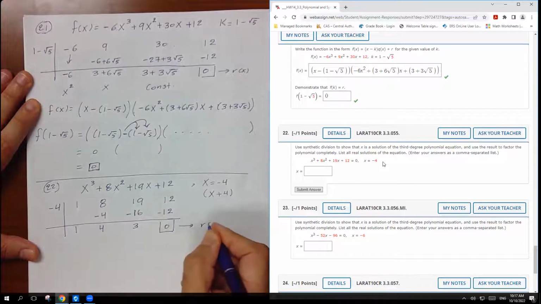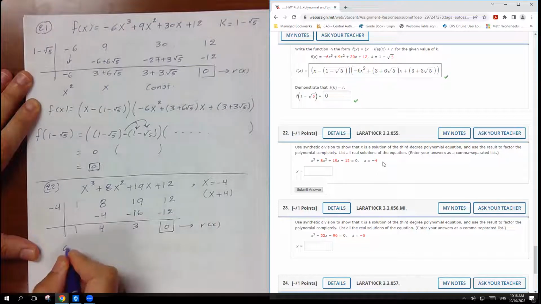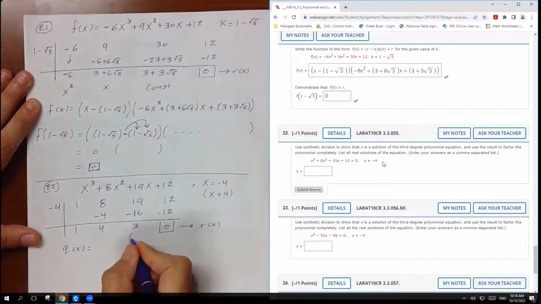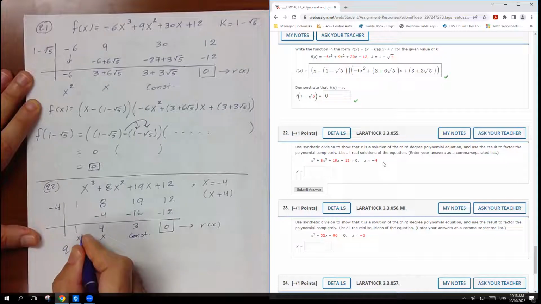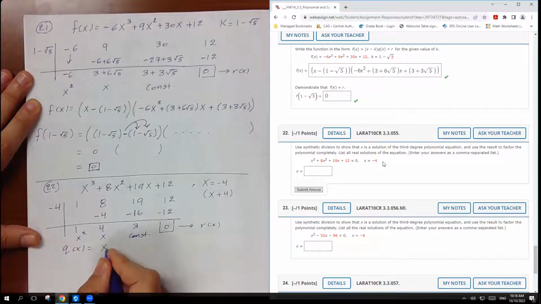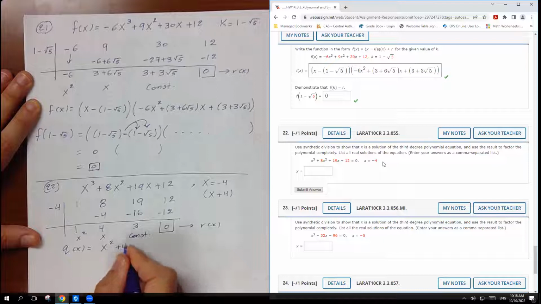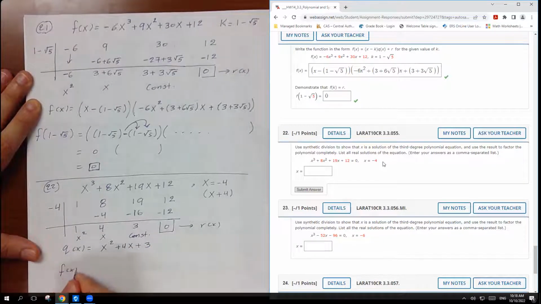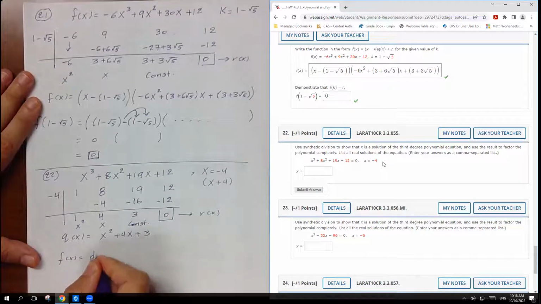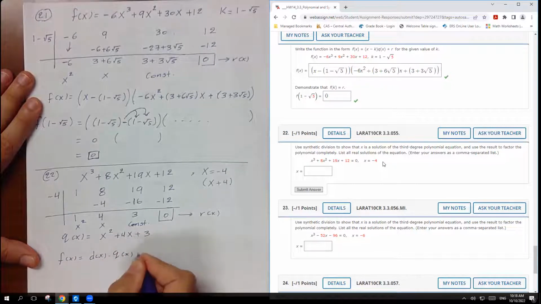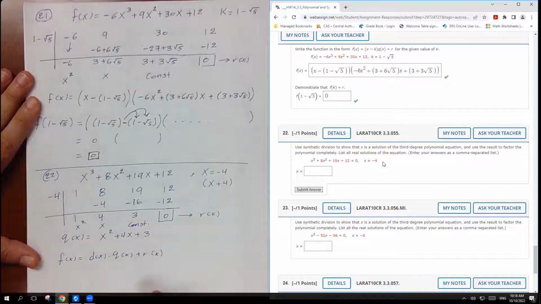So here is R of x. Now Q of x is going to be, this is the constant, this is x squared. So it's going to be x squared plus 4x plus 3. That means f of x equals d of x, which is the divisor, times q of x plus r of x.